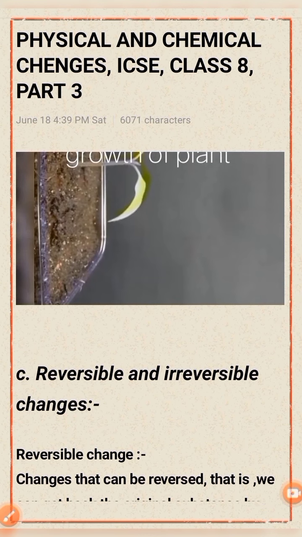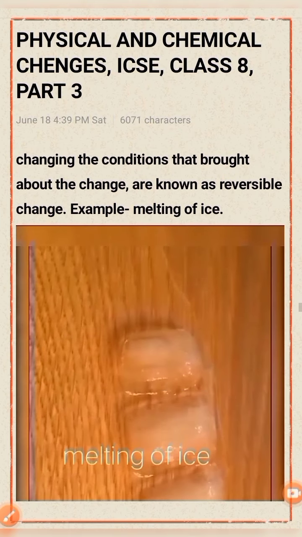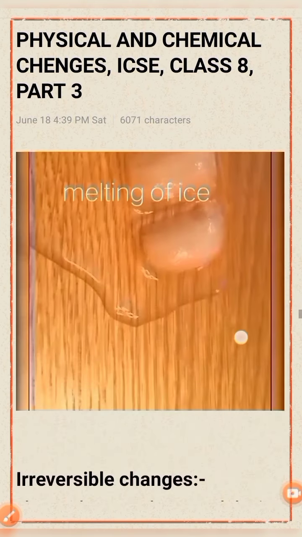Okay, next difference, reversible and irreversible changes. Reversible changes: changes that can be reversed, that is, you can get back the original substance by changing the conditions that brought about the change, are known as reversible changes. Example, melting of ice. Show the video of melting of ice.